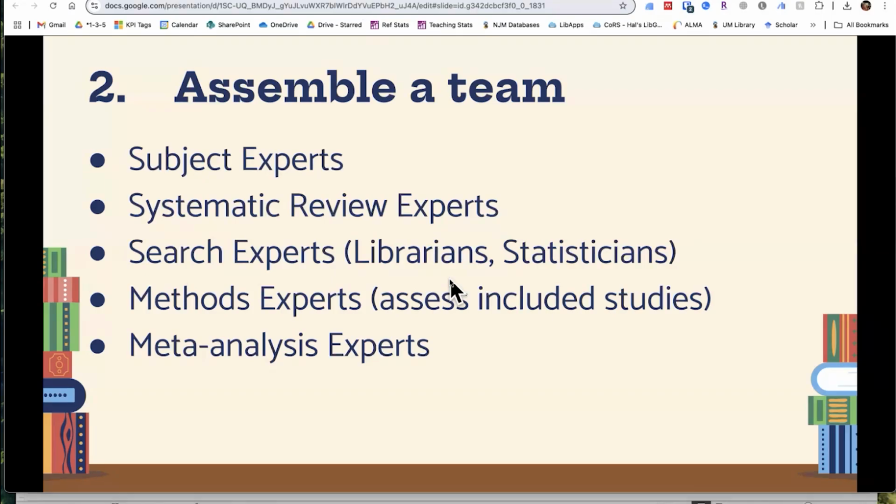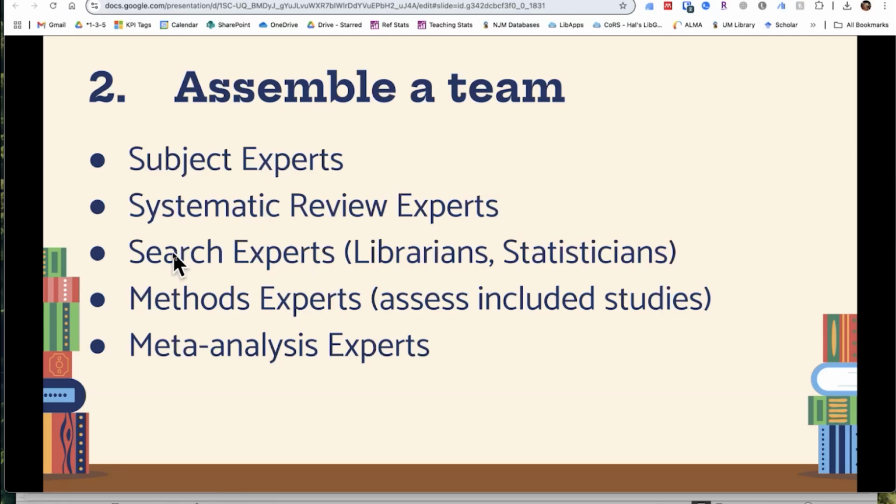Okay, so you've got your question. Now you need to assemble your team. So systematic review teams, minimum 2. I don't think I've ever worked on a systematic review that had only 2, but you have to have minimum 2. But typically the teams are much bigger because you have people who are contributing different parts to the review. So you have people who are experts in the actual subject being studied. Often you may have people who are experts at doing systematic reviews, so they're methodologists.